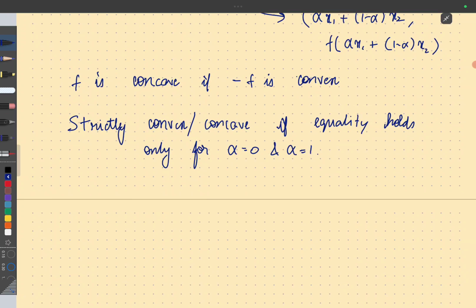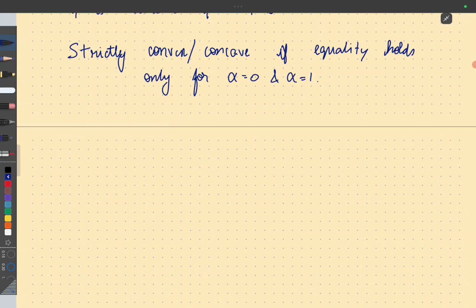How do you test whether a given function is convex or concave? This is something you would have seen in high school. The second derivative test. So suppose you have a function f which is twice differentiable.